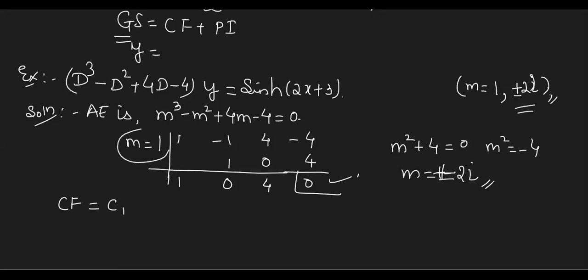How to write for this one? What is the real part of this? 0, no? So it is e raised to real part 0x, then C2, this is the imaginary complex part.